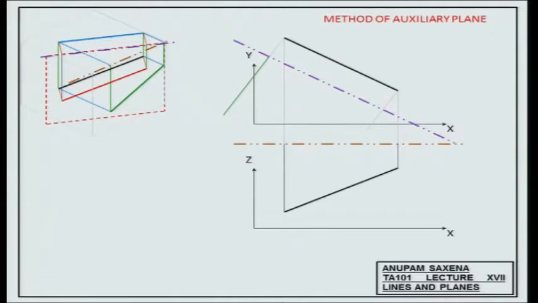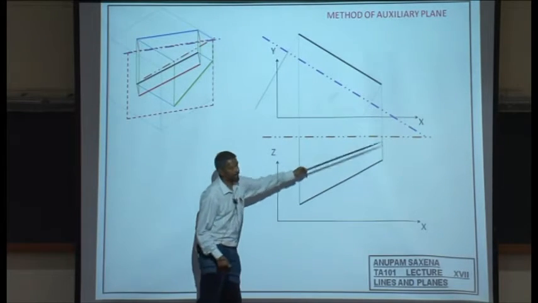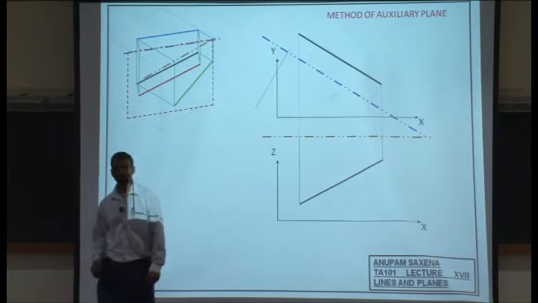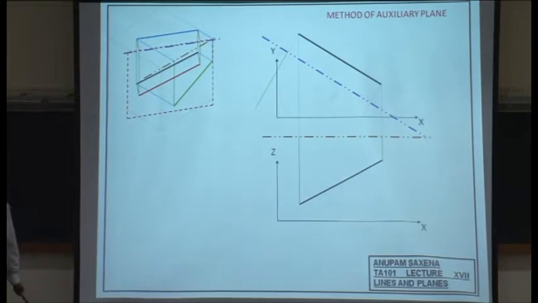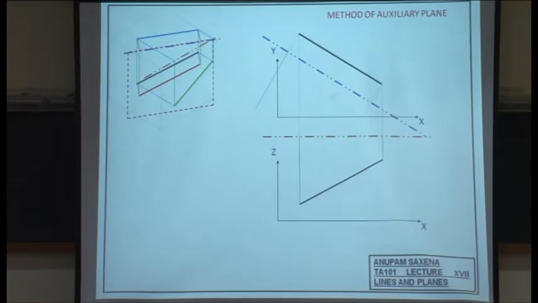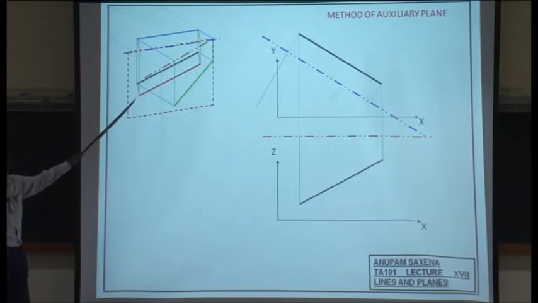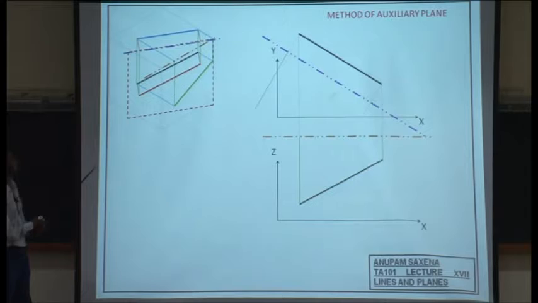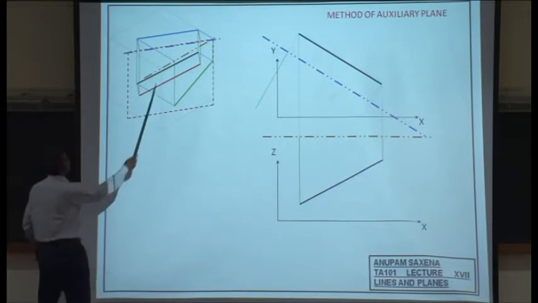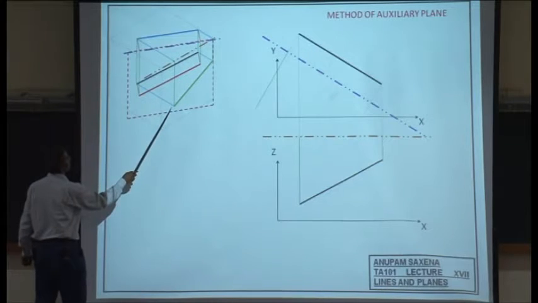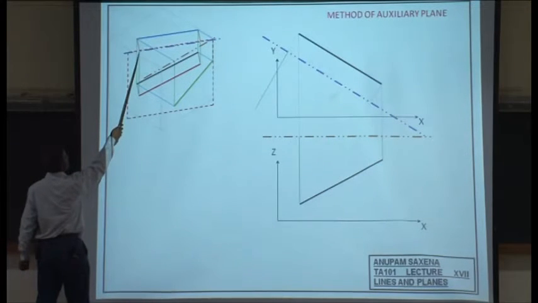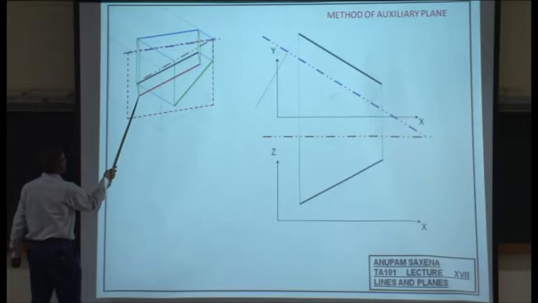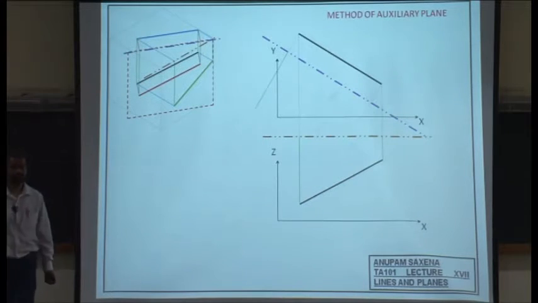So these are my corresponding green lines. Fine? Now go back to your three-dimensional box here and try to verify if this distance is the same as this distance from the purple hinge line.